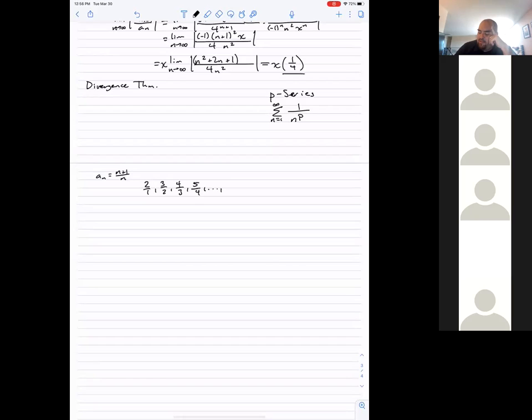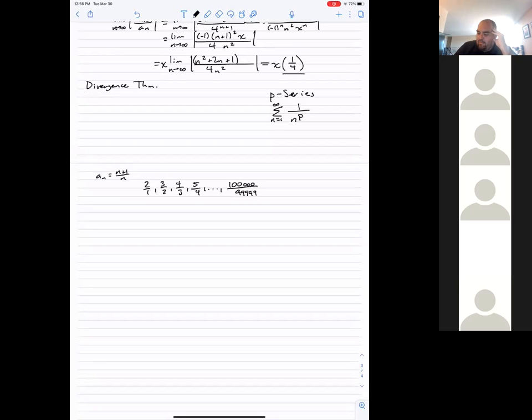Let's pick another term out in this sequence, let's say 100,000 over 99,999. That would be a term in the sequence, right? As n gets very, very large, this is going to get closer and closer to 1. It's really all about the respective degrees, the respective powers on n.